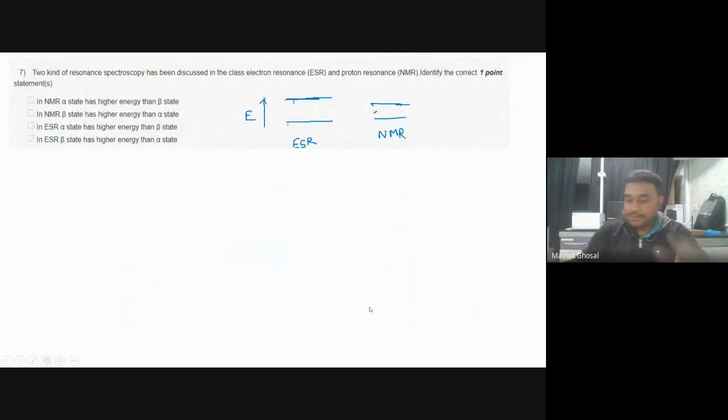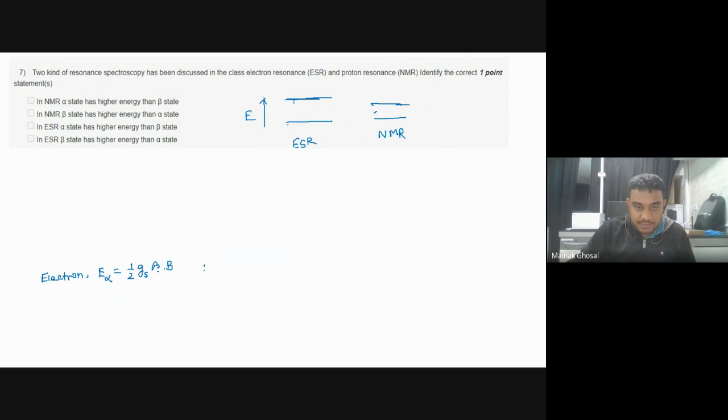So I'm giving some hint. If you follow this lecture, I'm not deriving the energy expressions for all these. The energy expressions are derived. I'm just writing the values. For the electron, it was found that the energy of the alpha state is half Gs beta B. This beta is not the beta state, this beta is the Bohr magneton.